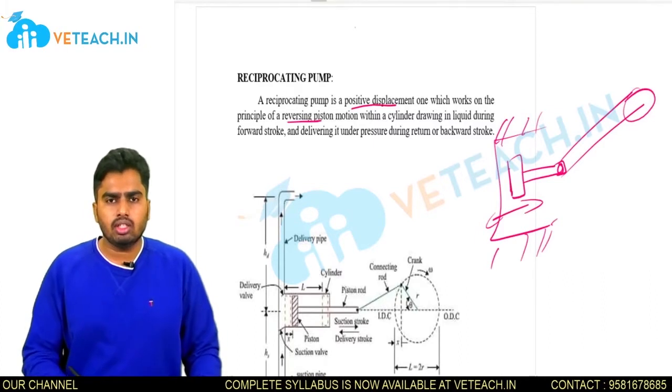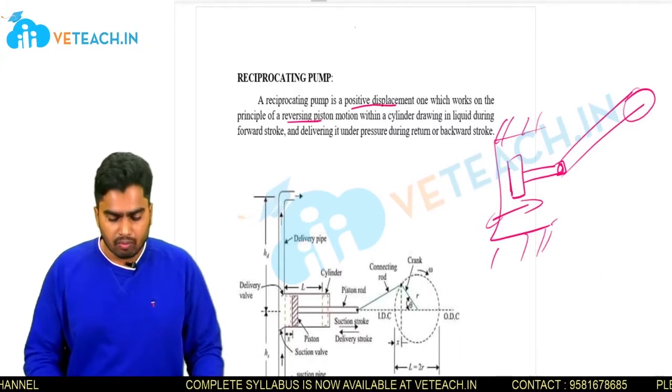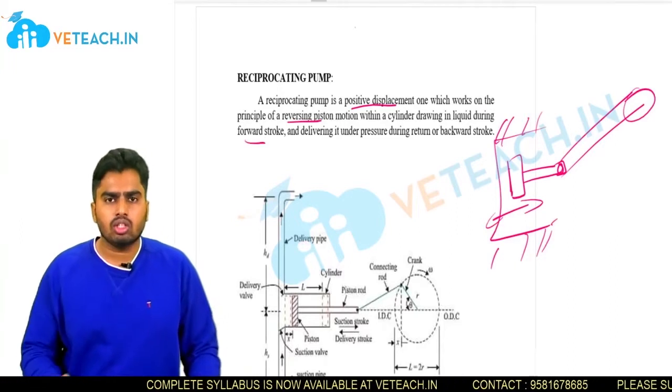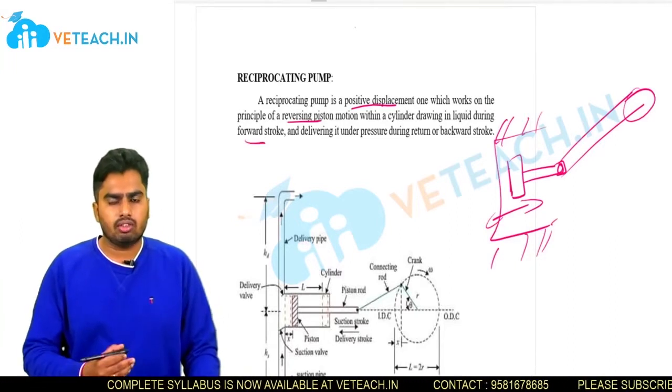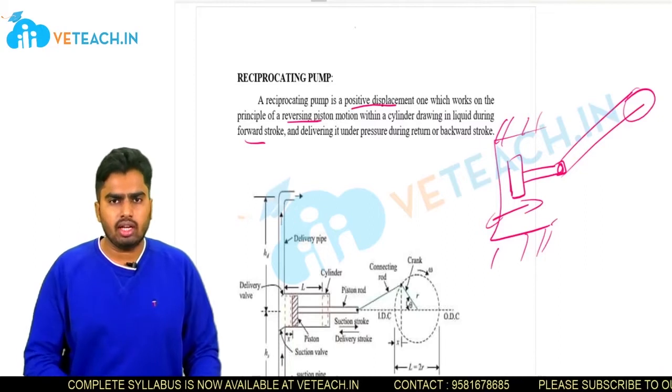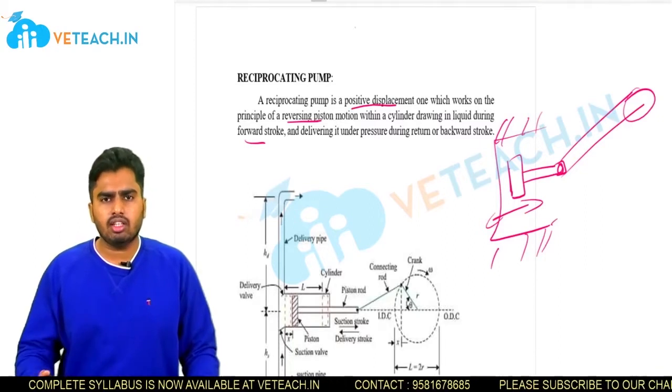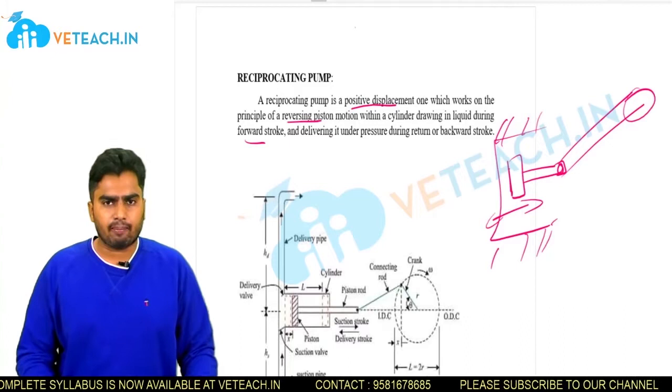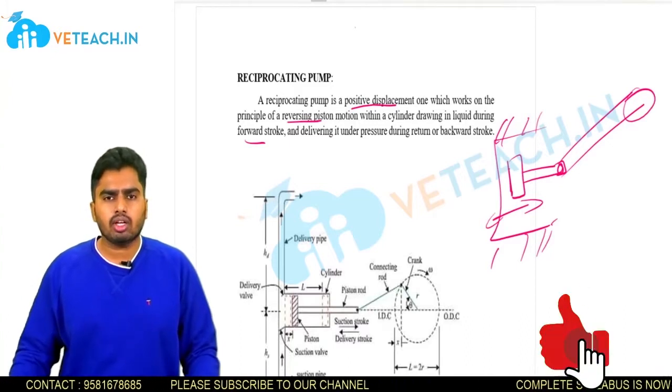During the forward stroke, or suction stroke, we will suck the fluid from the sump or storage tank and deliver it to the delivery storage tank. This is what we do in the reciprocating pump.